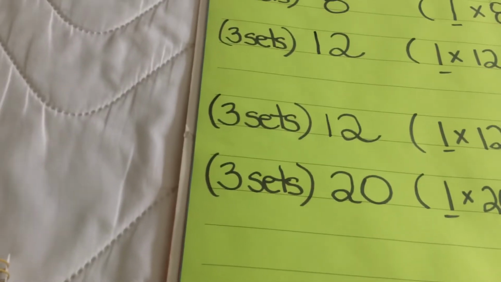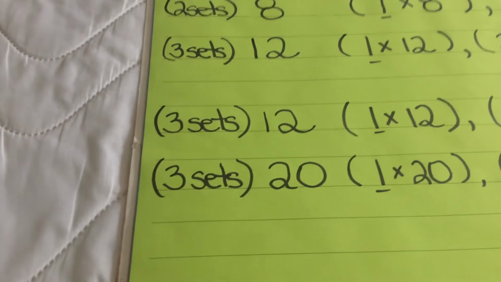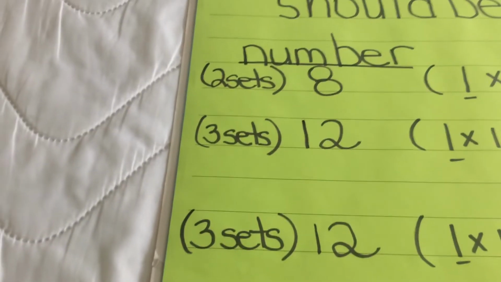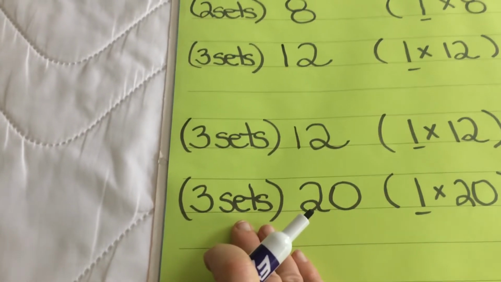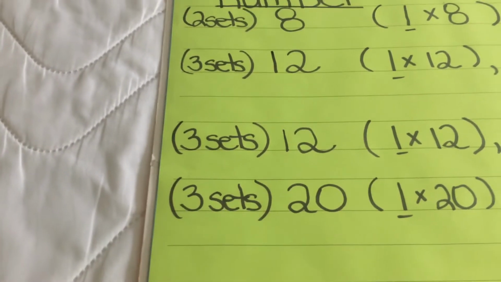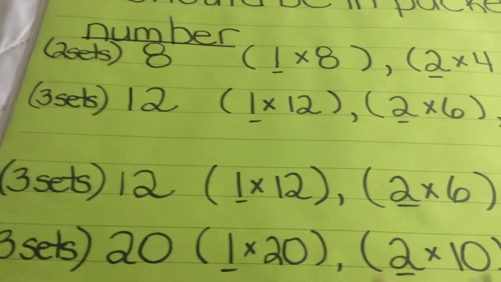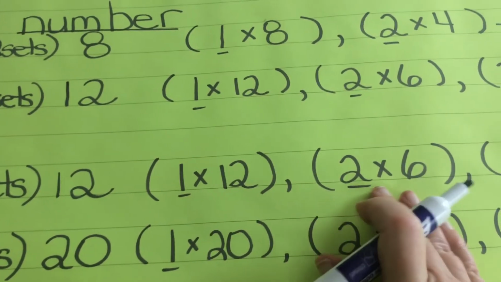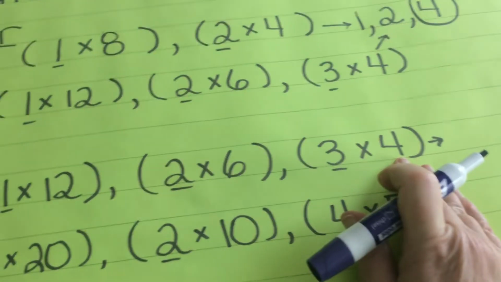Well, let's go down to 12 and 20, and we're going to do this together so everybody should have the same answer. We know that 12 has 3 sets. We already did those. And then 20 has 3 sets as well. They already gave that to us. So we have 1 times 12, 2 times 6, and 3 times 4.